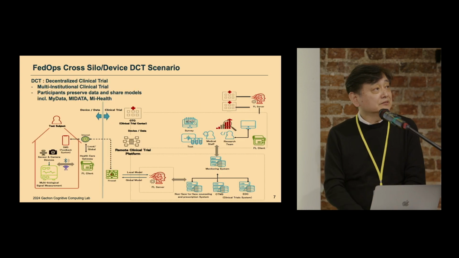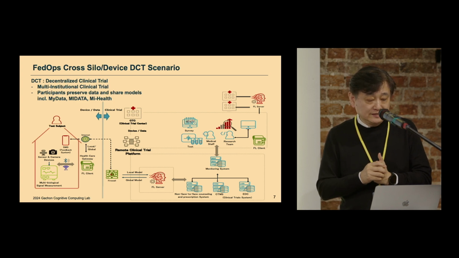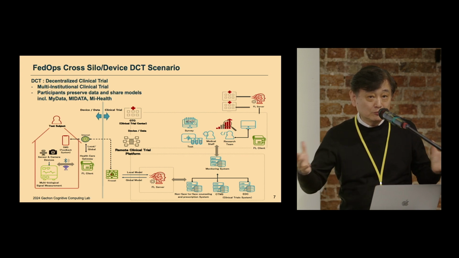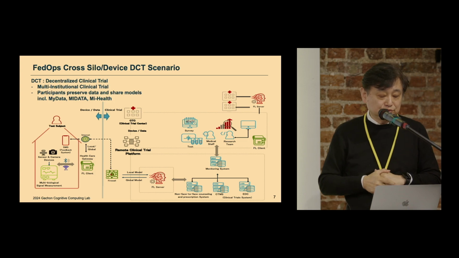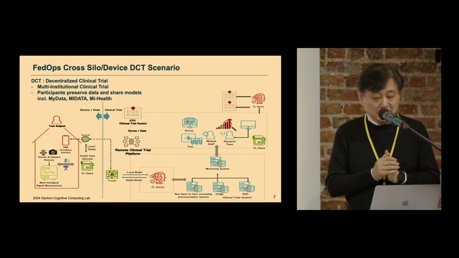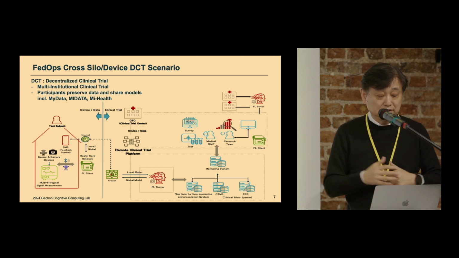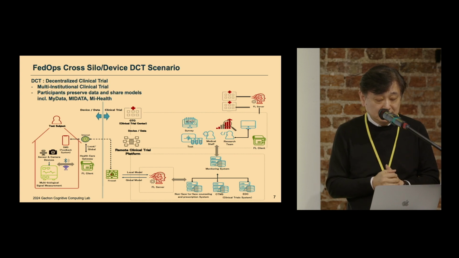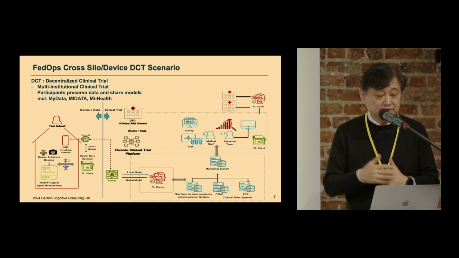Another scenario we are aiming at is decentralized clinical trials. Moving from centralized to decentralized is the current trend. In a clinical trial at this time, everybody needs to be at the hospital or clinical trial center to give their data and so on.